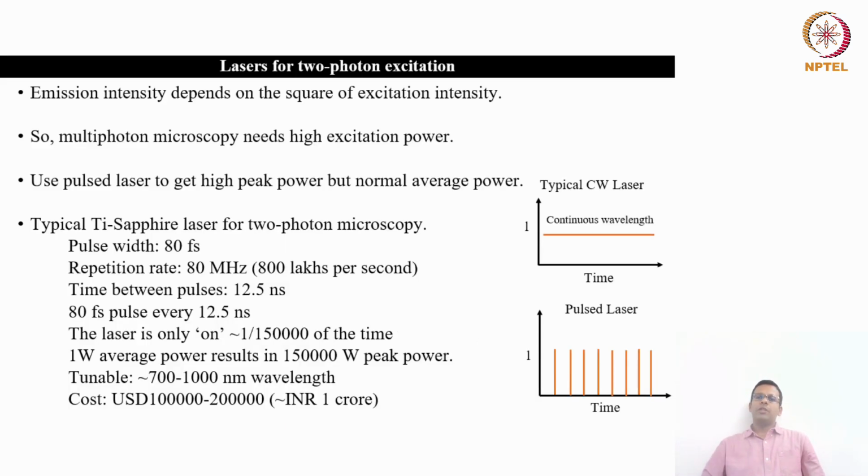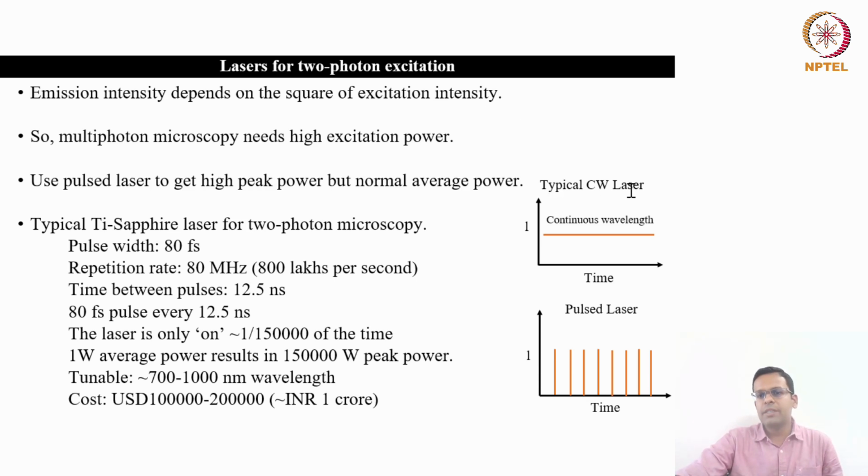Now for two photon illumination, you need a specialized kind of laser. The regular laser that we use for confocal microscopy or TIRF microscopy is not enough for two photon illumination, because emission intensity depends on the square of the excitation intensity. So you must have very high excitation intensity, and you cannot get that from regular lasers.